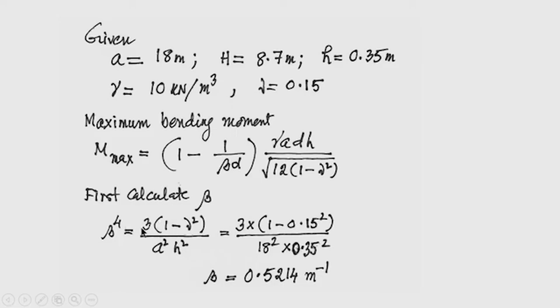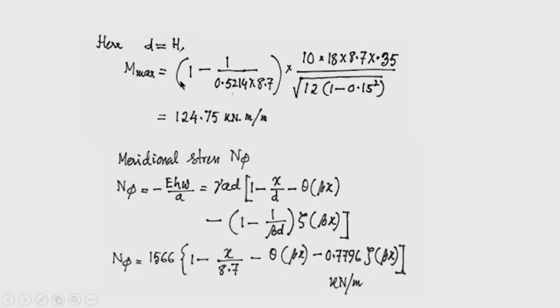Beta to the power 4 is calculated as 3 into (1 minus mu square) divided by a square t square. After substituting the numerical values, with the Poisson ratio for concrete, it is an RCC tank, so we have taken 0.15. Substituting the values of these parameters, beta comes out as 0.5214 meter to the power minus 1.